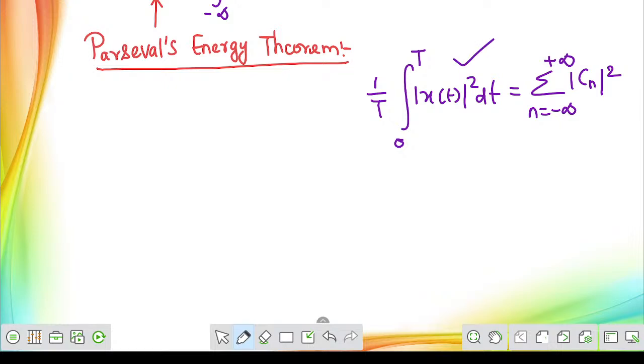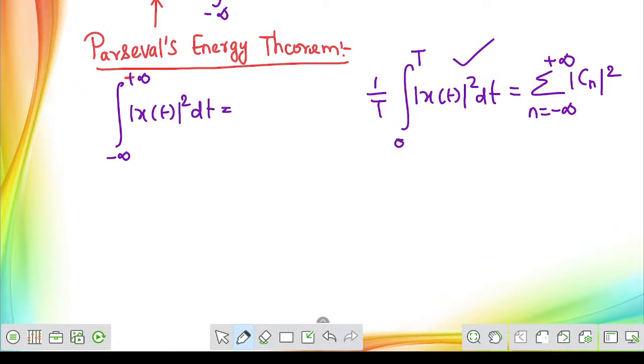In Fourier transform, what is the formula for energy? How should I calculate this? Let us see. We are in the aperiodic signal, so the interval is minus infinity to plus infinity of mod of x of t whole square into dt. That is in the time domain.